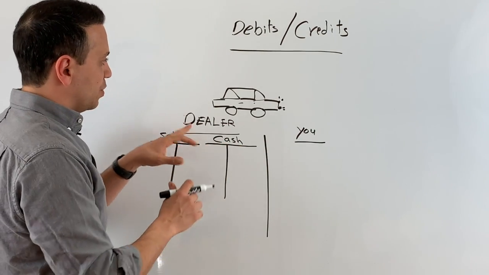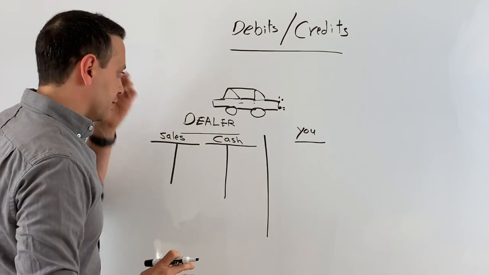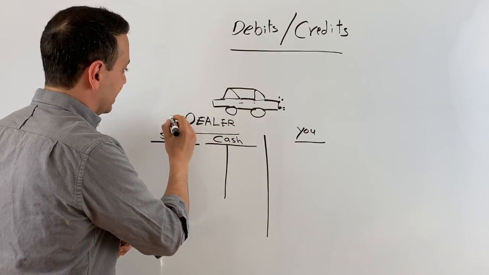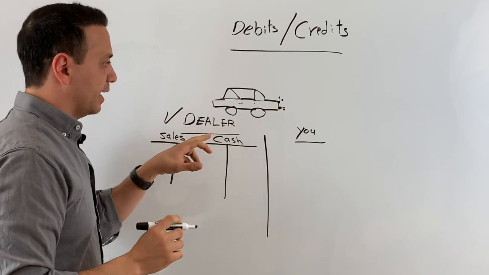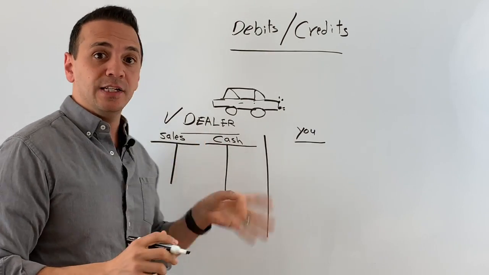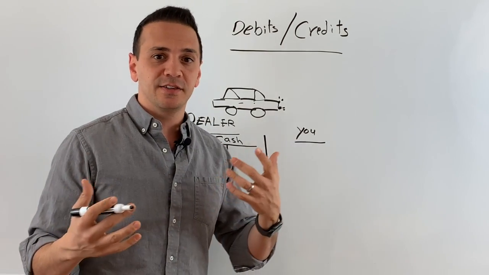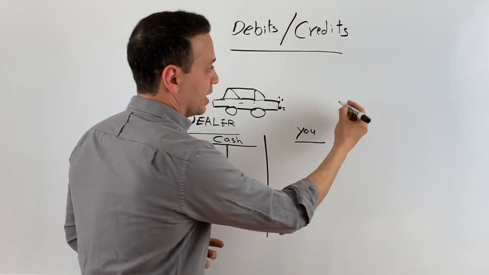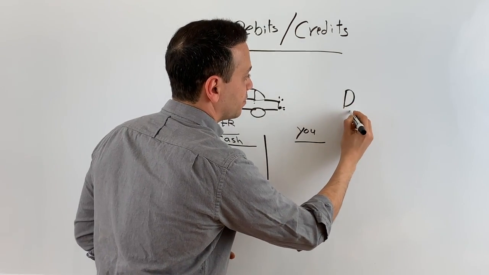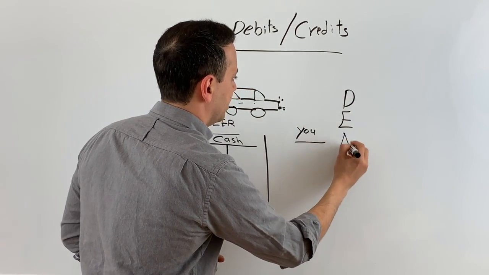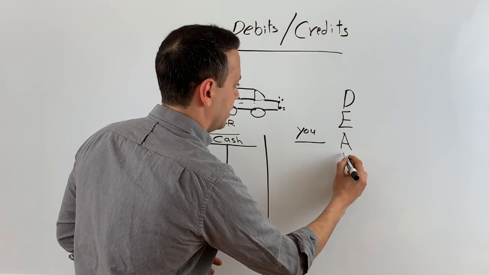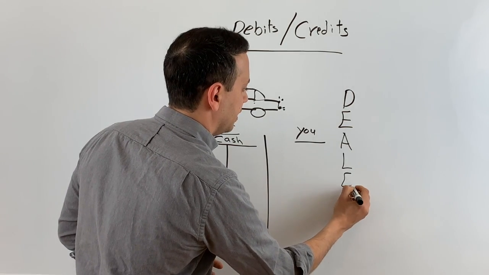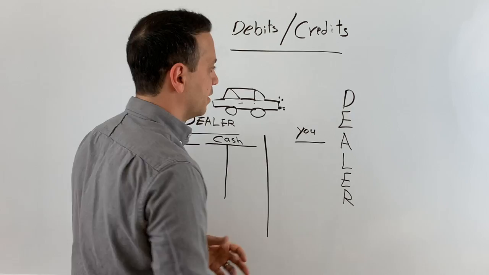The reason why I chose an example of selling a car is because I wanted to go over the word dealer. This is the trick: if you remember this word dealer, you will never forget the debit and credit side of each transaction. The trick goes like this: dealer, D-E-A-L-E-R.